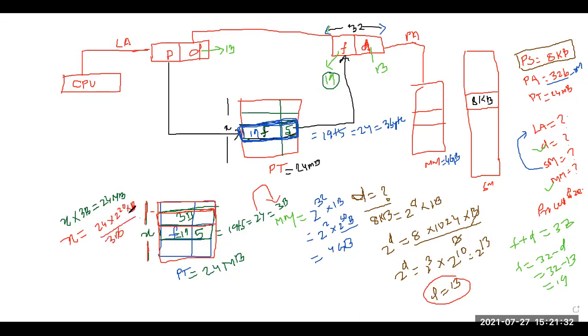Now this cancels. So X equals 8 into 2 to the power of 20, or I can say X equals 8 million. Fine, 8 million pages are there. How many pages are there in my page table? It is 8 million pages.